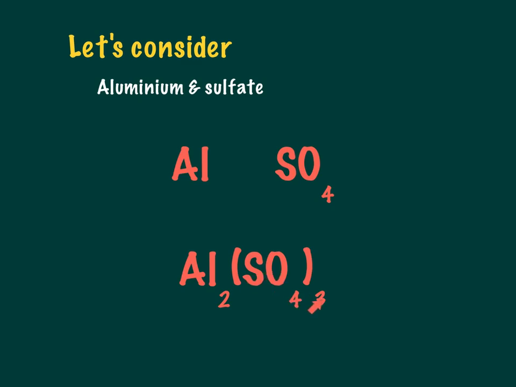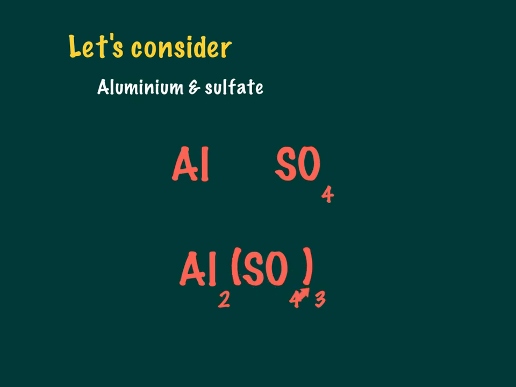As we've learned, every complex ion and every compound has a particular ratio of the elements involved. If you change that ratio, you are not talking about that compound or complex ion anymore. So we have to use the brackets to make sure that we're talking about sulfates.